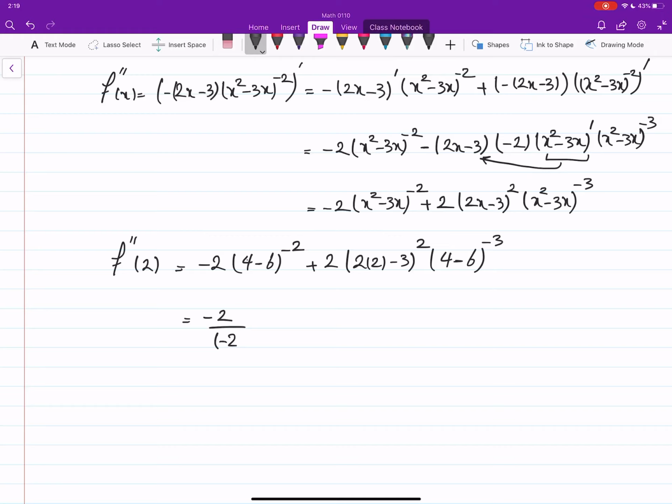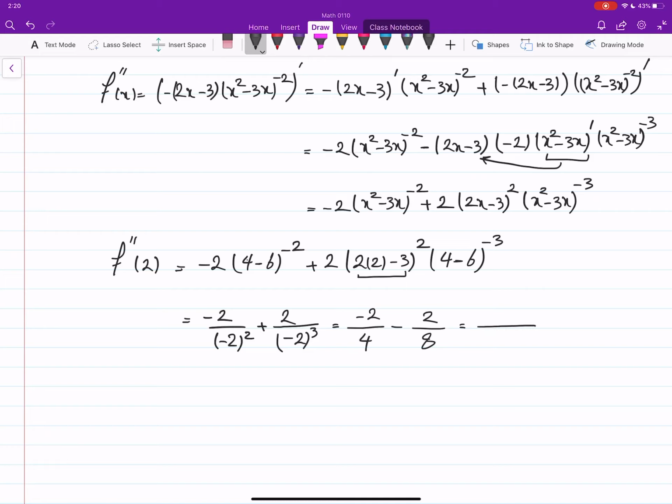So this is this guy. And here, this is 1 to the power 2, which is 1. And in the denominator, we have (negative 2) to the power 3. This gives us negative 2 over 4 plus, minus, because minus 2 over 8.